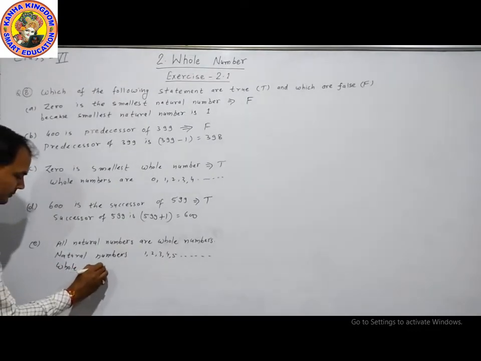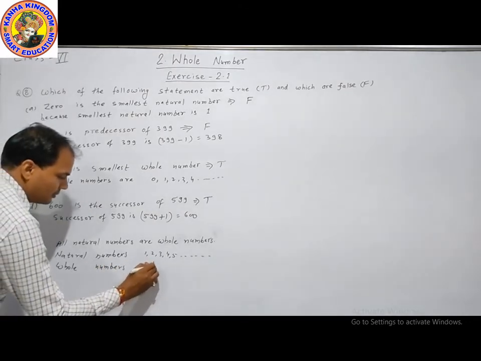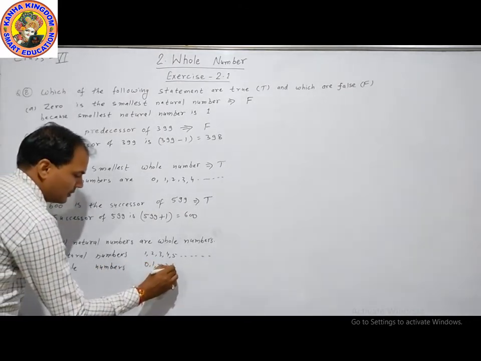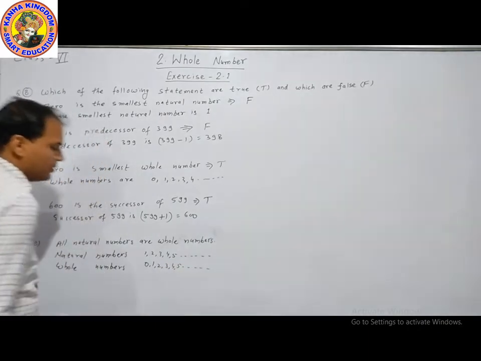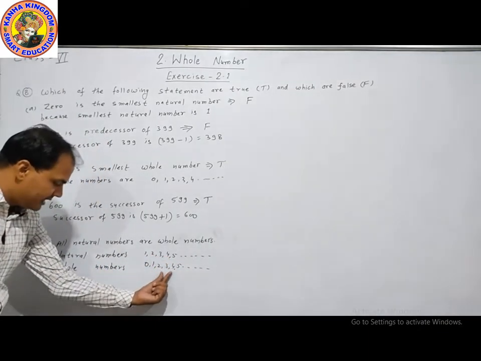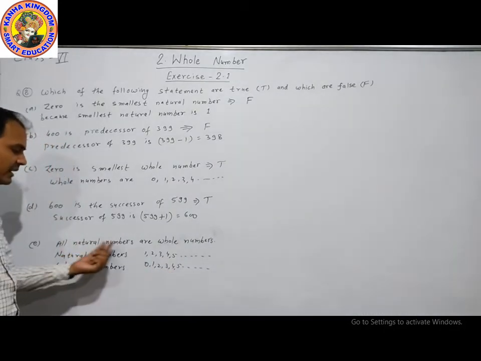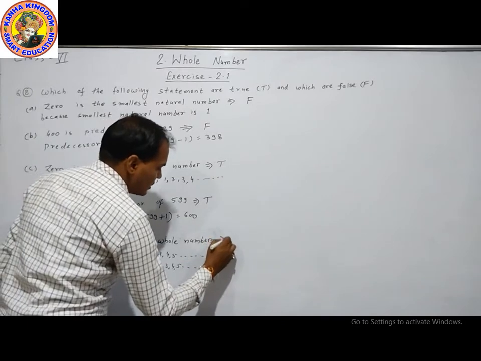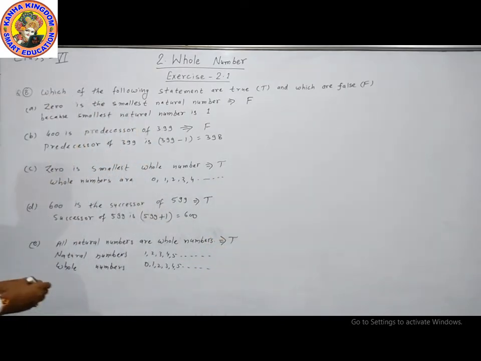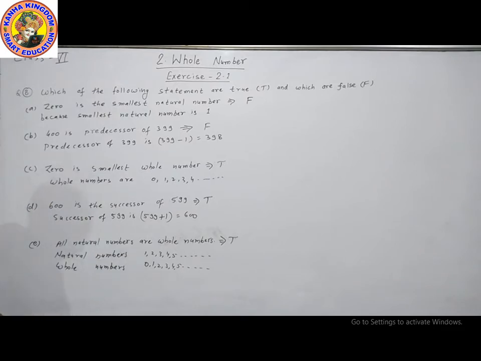Whole numbers are 0, 1, 2, 3, 4, 5 and so on. All of the natural numbers are present in whole numbers. So all the natural numbers are whole numbers. This is true.